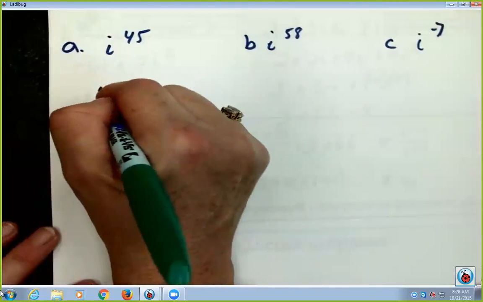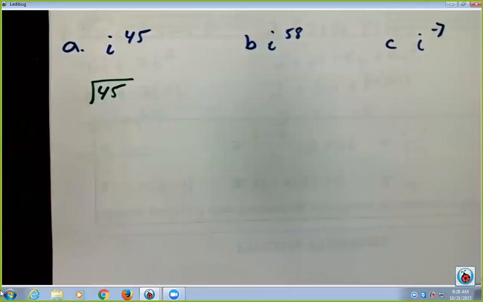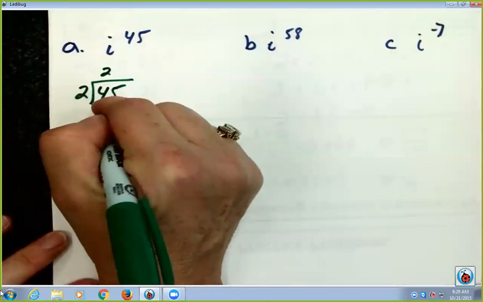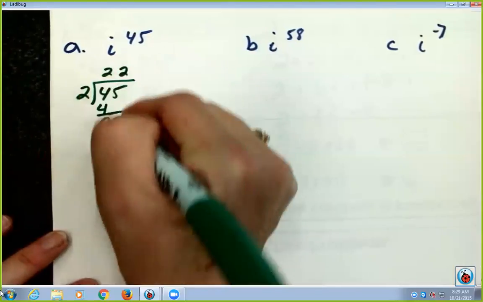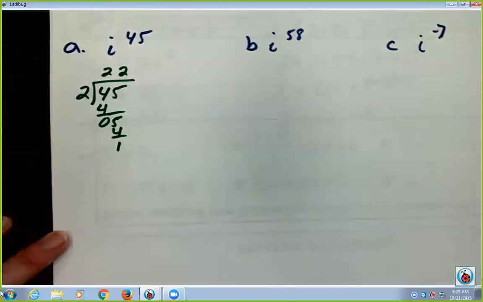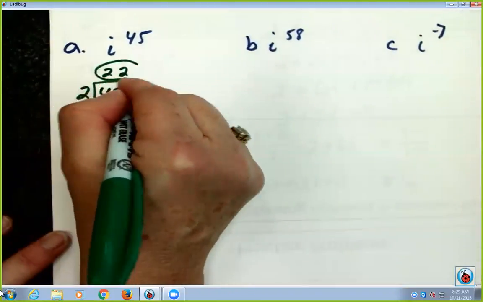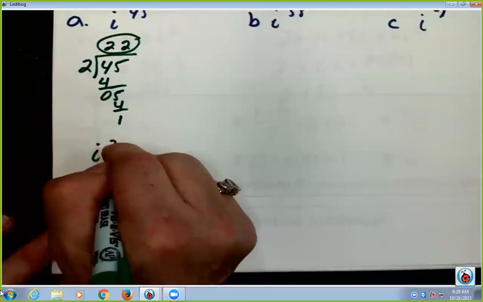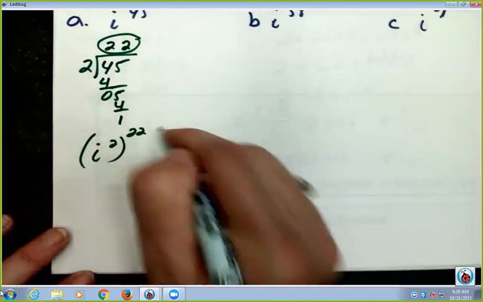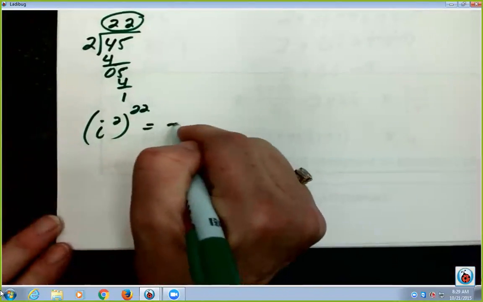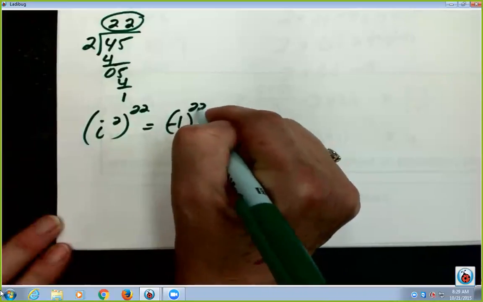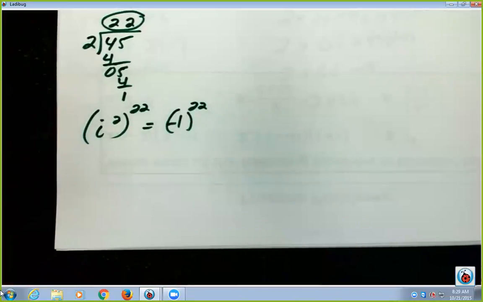But if you take 45, because I'm looking for squares, and divide it by 2, 2 goes into 4 twice, 2 goes into 5 twice, with 1 left over. What this means is I have i squared 22 times out of that 45. So if I have i squared 22 times, that means I have negative 1 to the 22nd power.